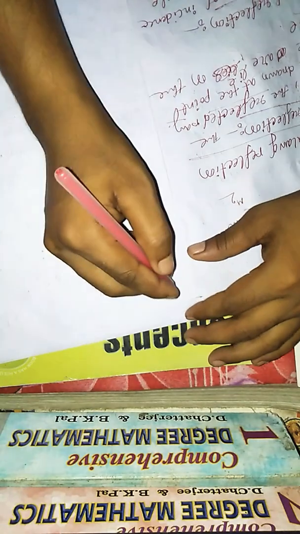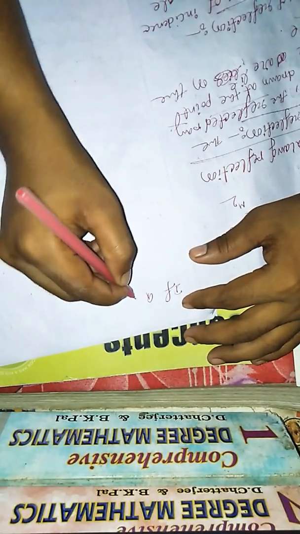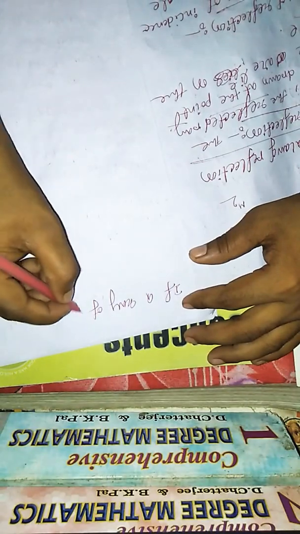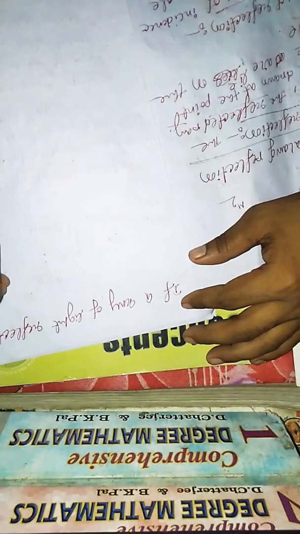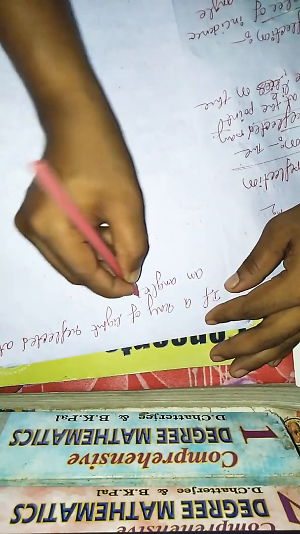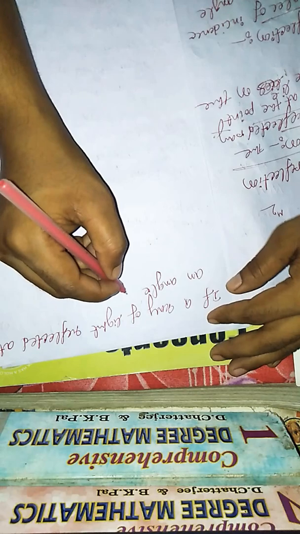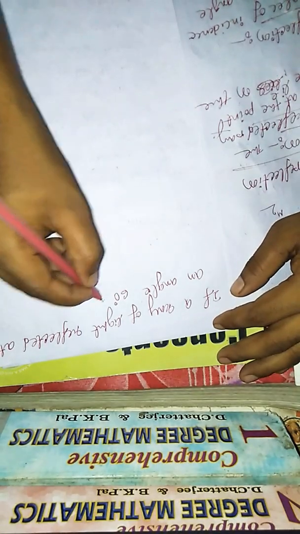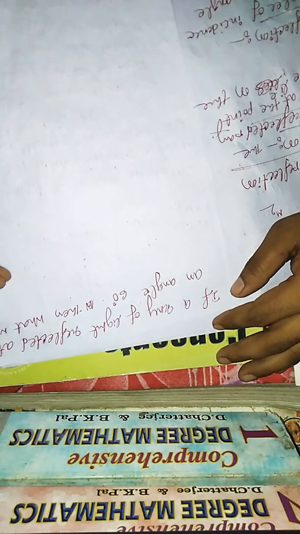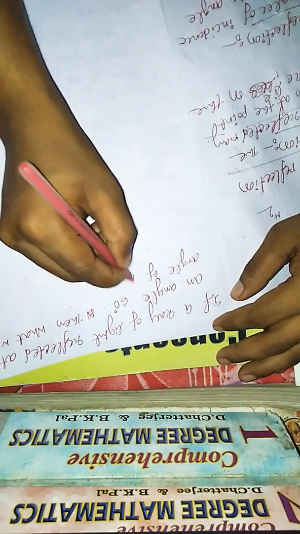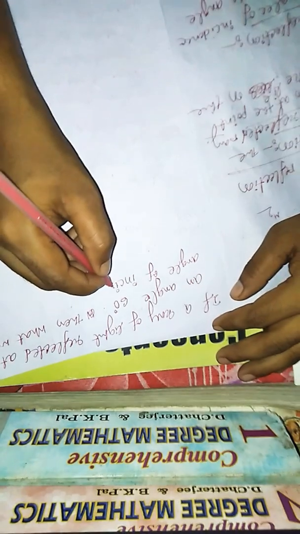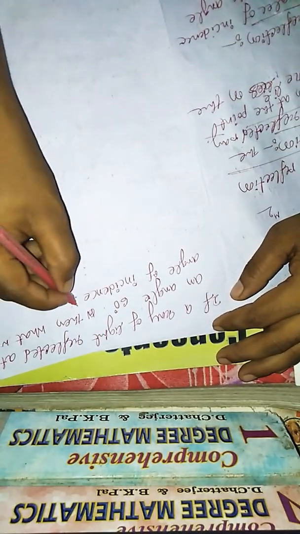If a ray of light is reflected at an angle of 60 degrees, then what was the angle of incidence? This is the question.